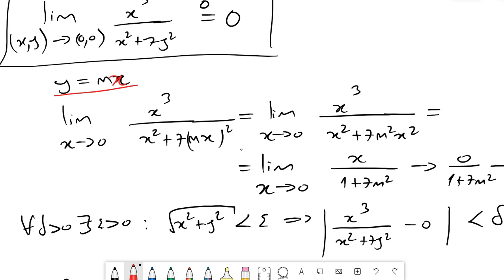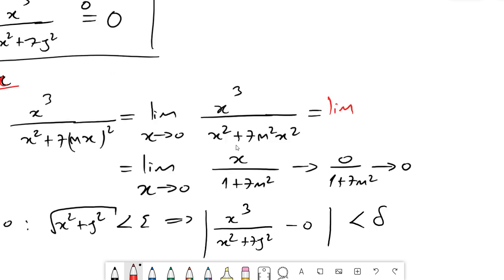We factor x here, right? So we do limit when x goes to 0, x squared times x dividing 1 plus 7m squared x squared. We factor x squared, and we cancel, and we get this. So limit when x goes to 0, that will be 0 dividing this, so that's 0.